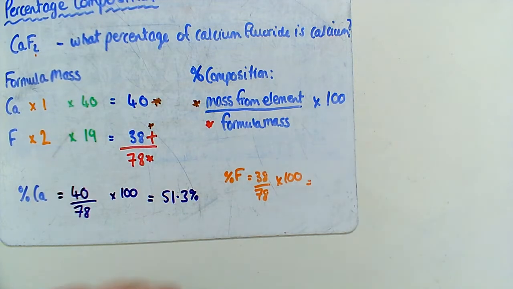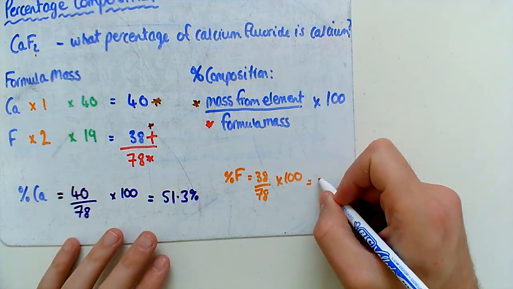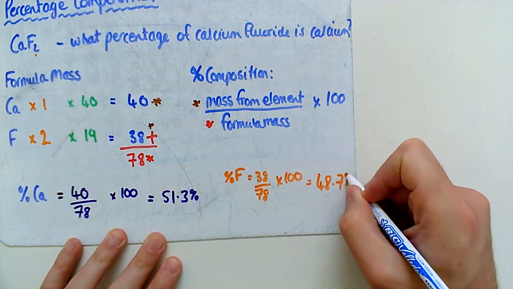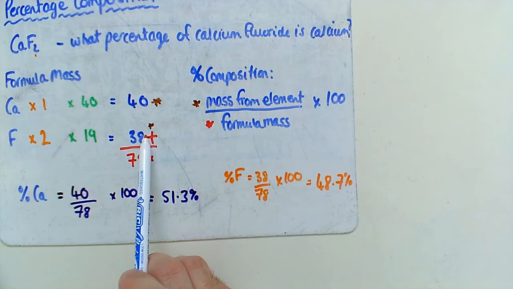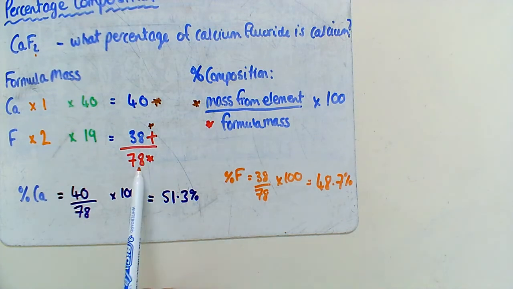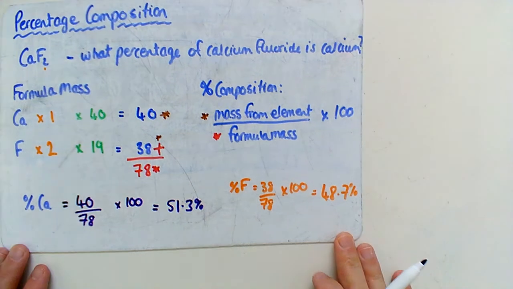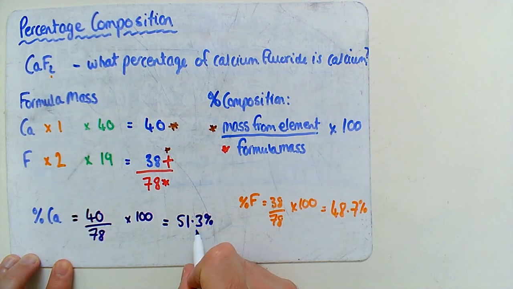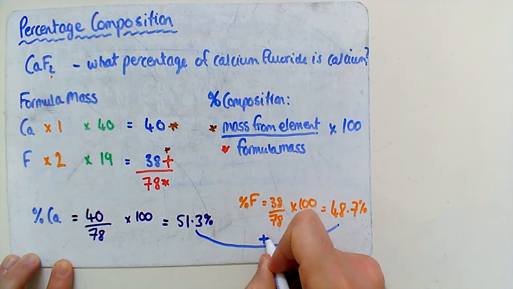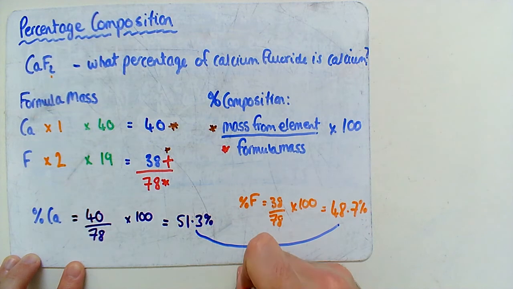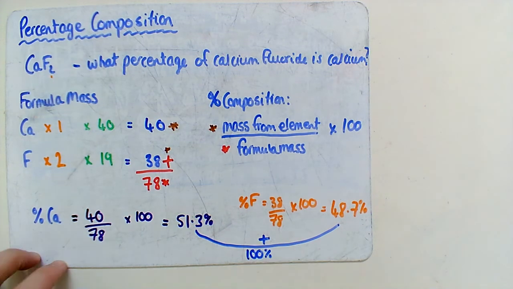That equals 48.7. So it's this number after it's been multiplied, divided by your total formula mass. And one way that you can check you have done it correctly is if you add these two numbers together, you should get 100. And 51.3 plus 48.7 gives me 100. So I know that I've done it correctly.